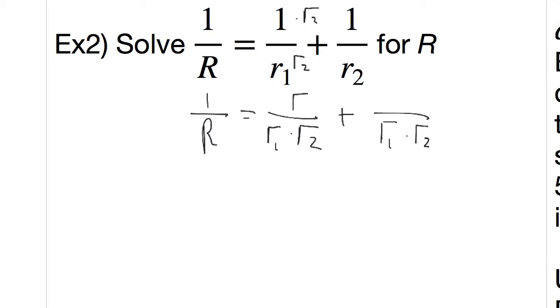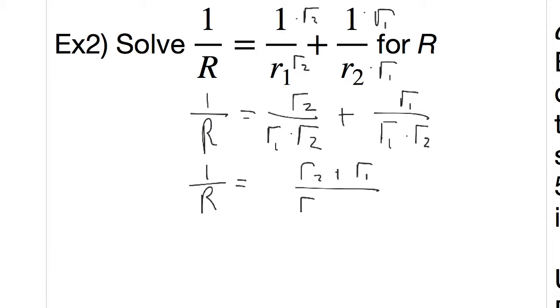So therefore we get r2 plus, same thing over here, multiply both by r1, we get r1. Great, so now that we have common denominators, we can add them together. We get r2 plus r1 over r1 times r2. Now that we have just one fraction, we can take the reciprocal of both sides, and we get r is equal to r1 times r2 all over r1 plus r2.